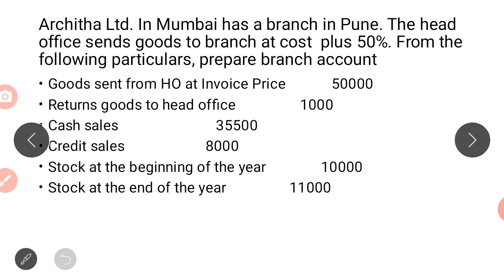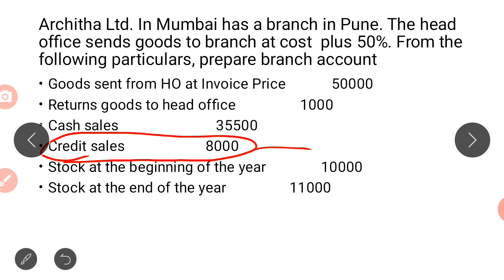Cash sales is nothing but cash directly deposited in the bank of the head office, so it is credited as by bank, cash sales. Now they have given us credit sales. Do we have to record the credit sales? No, this entry will not be recorded in the branch account, it will be recorded in the debtors account.